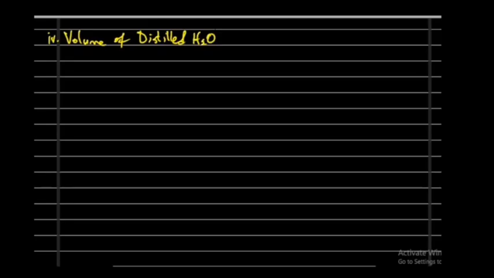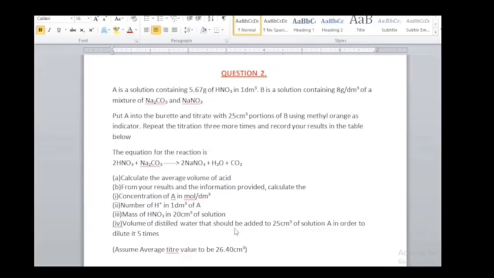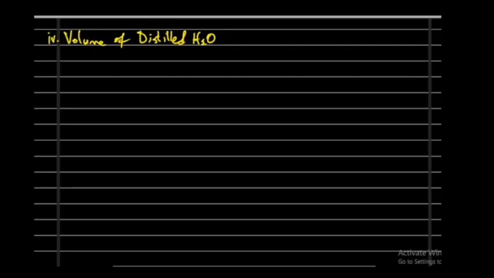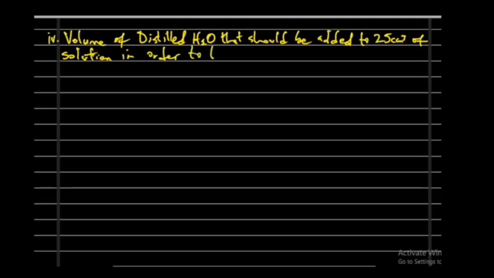So you should calculate the volume of distilled water that should be added to 25 centimeter cube of solution A in order to dilute it 5 times. That's the question.